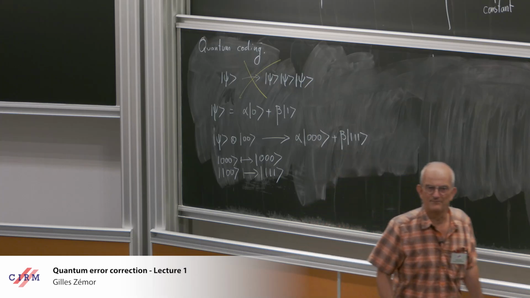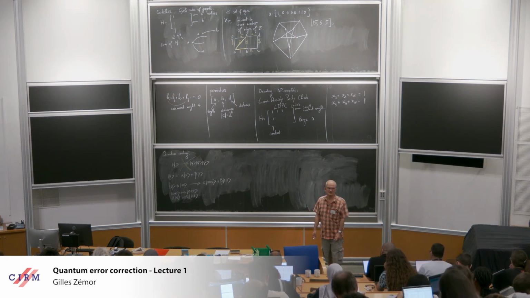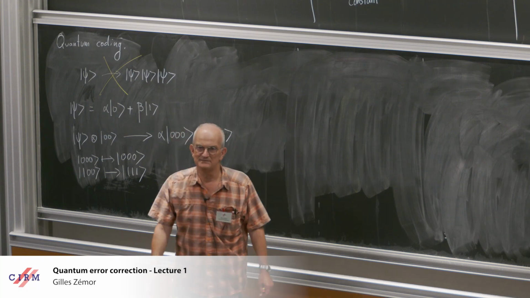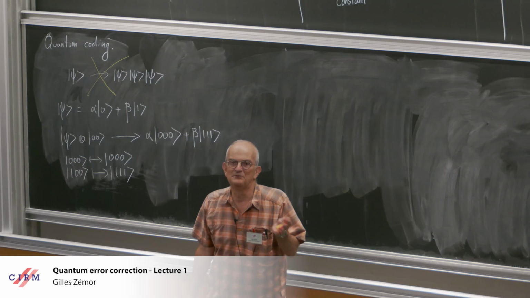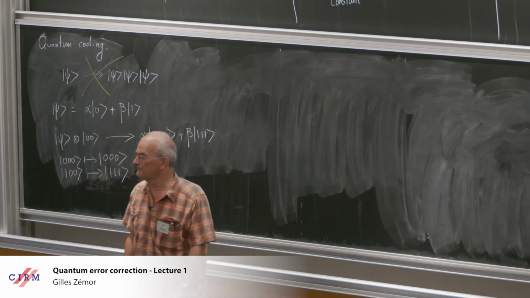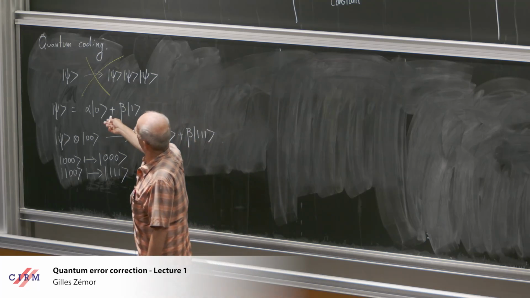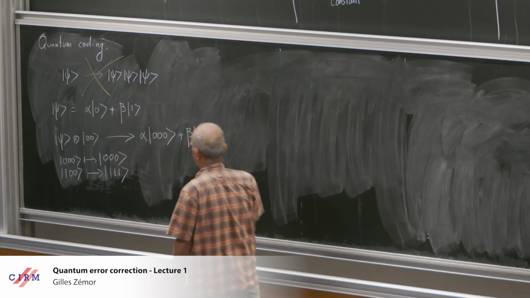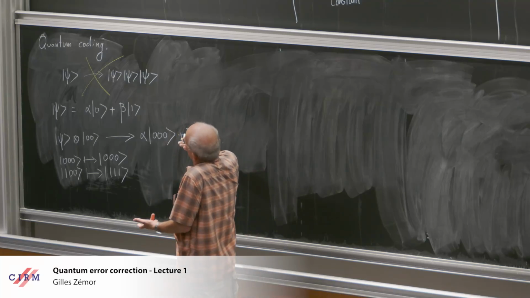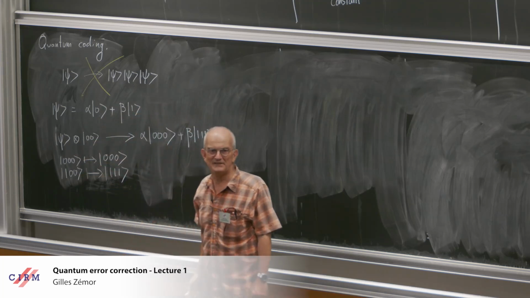We know that there is a unitary mapping which does this. Actually, there are many unitary mappings which do this. We don't really care what it's going to do on the other basis states. And we will get this. We will transform our initial state here, and what we've done is some sort of repetition. We've repeated the zeros and we've repeated the ones.